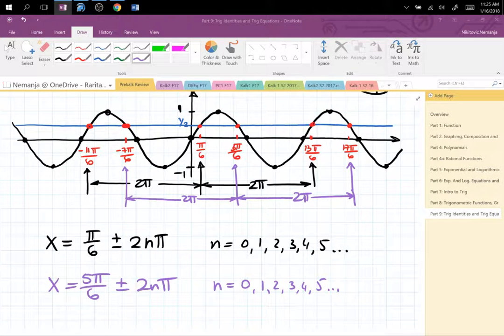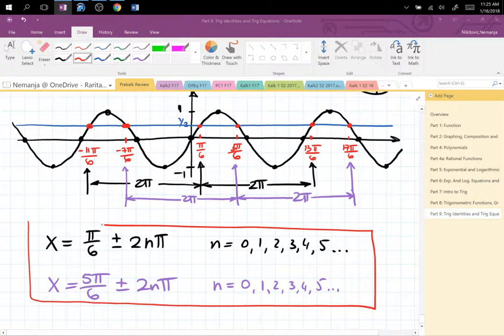And together, this is the solution. Clearly, you will write this n just once. You can go back now and write all the infinite solutions for all of your previous problems. And they all work the same.